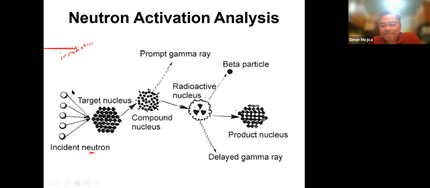So you irradiate it, then you measure the radioactivity that was generated. Based on that, they will be able to find which radionuclide that is, because most radionuclides are characterized by their gamma energy and their half-life.